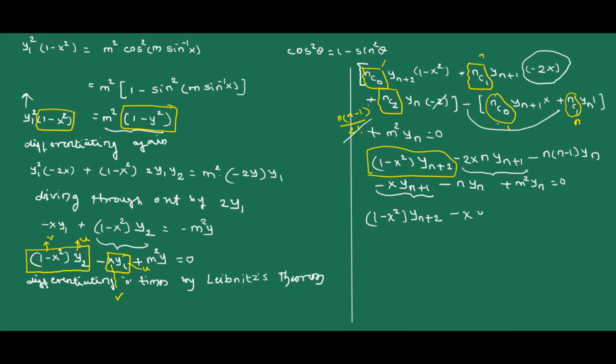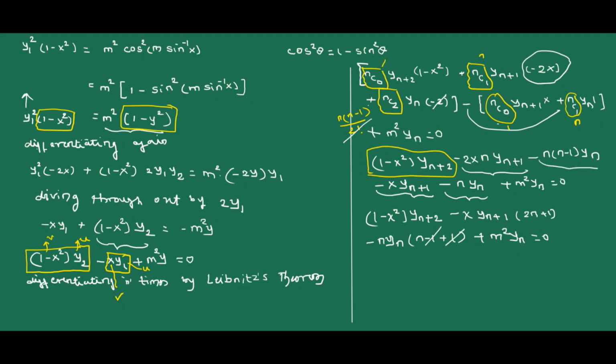So first I will take -x y_{n+1} common. Then here we are left with 2n plus 1. And now collect the terms containing y_n. If you take the term containing -y_n common, or you can take -n y_n common, then here we are left with n - 1, and in this term we are left with plus 1, plus m² y_n is equal to 0.